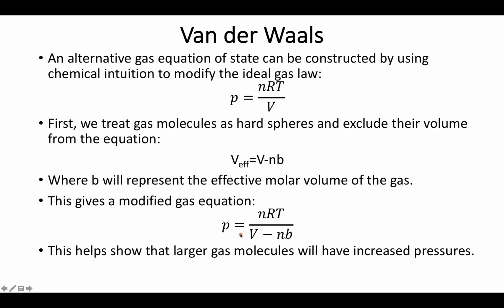And this is indeed what we saw when we looked at our real gases. The larger the gas is, the larger the effective pressure is, or the more it tends to deviate positively from the ideal gas law. Additionally, we see a similar phenomenon that the more gas I put in for a given volume, so the larger my n is, if V stays fixed, I'm also going to see a much larger pressure.